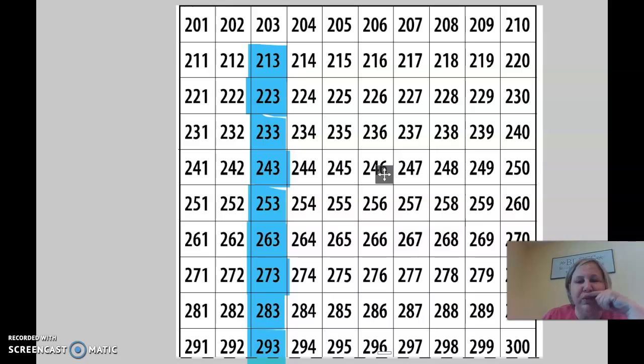I wonder what comes next after 293. We know that at the end of our chart, we know it's close to 300. So does anybody have any ideas of what's going to come next if I continue to skip count?